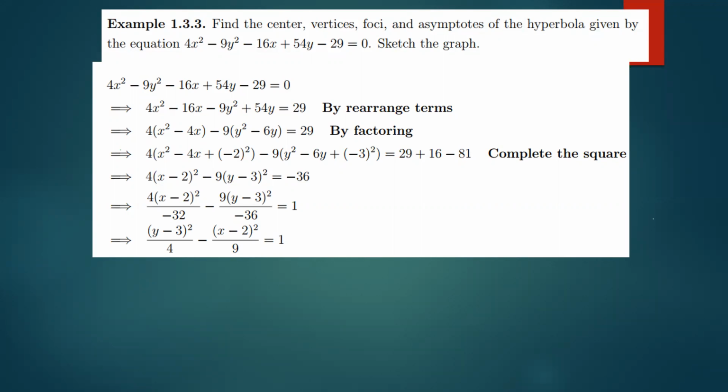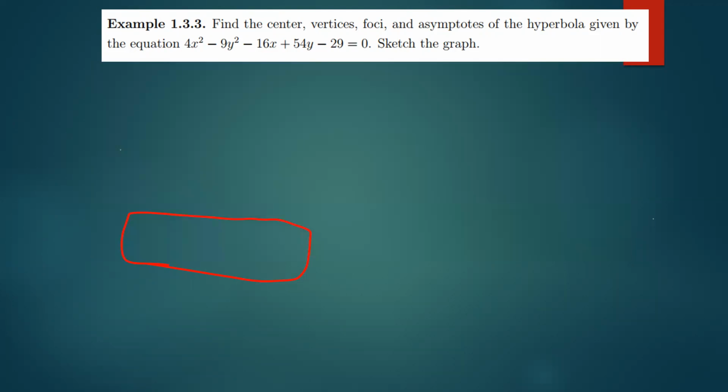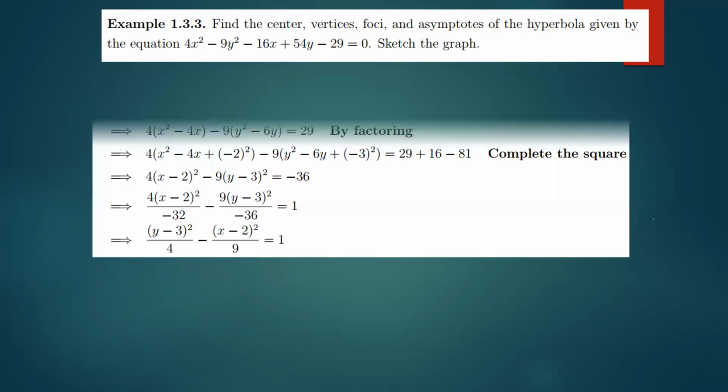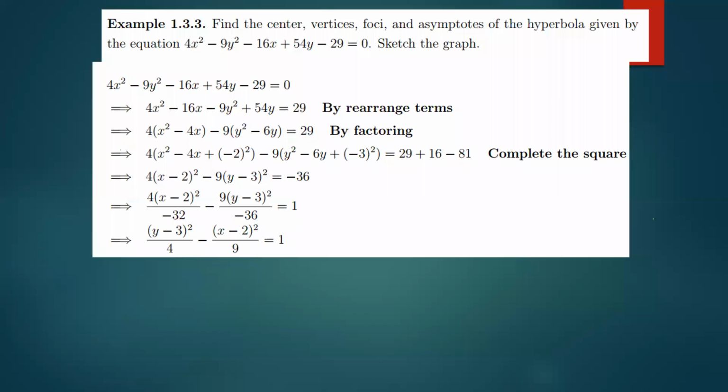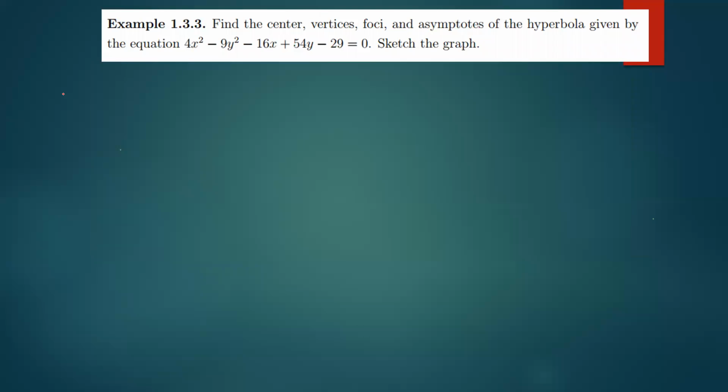All right, I'm just interested in the final equation which they found here. So it's y minus 3 over 4 and x minus 2 over 9. So we have y minus 3 and x minus 2.